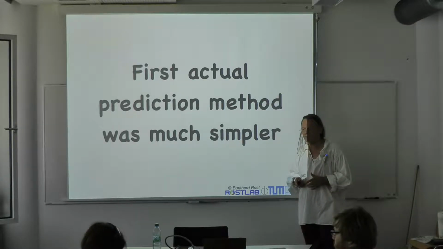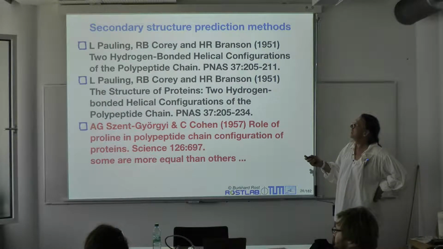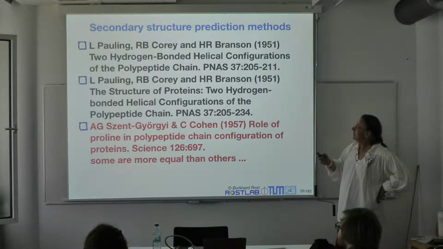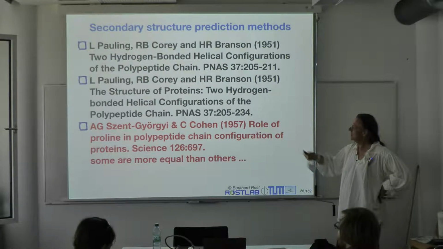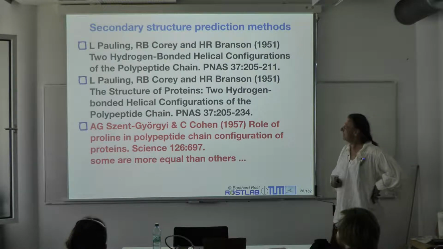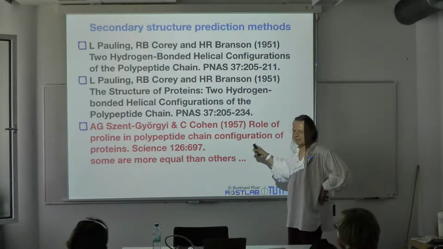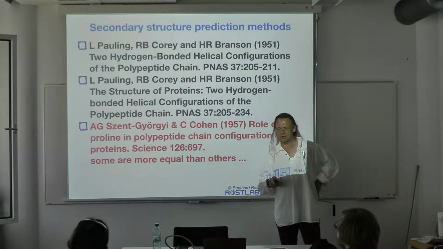Now, the first method, as I said, was much simpler. This is the first method that postulated that secondary structure exists. St. Georgi, relatively briefly thereafter, published a paper in which he predicted secondary structure.